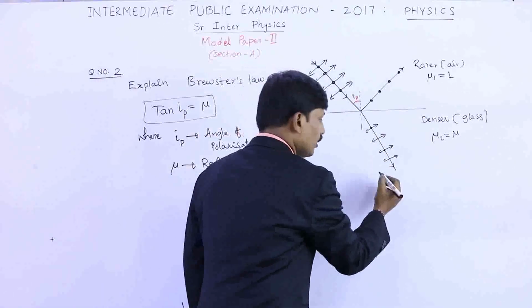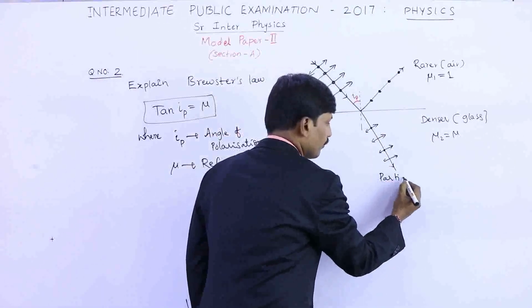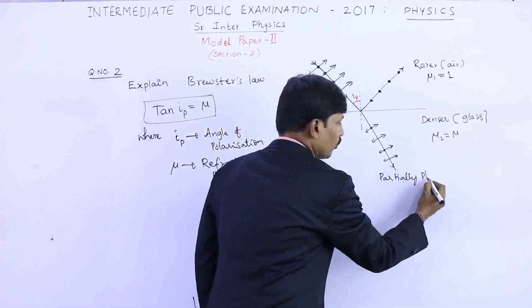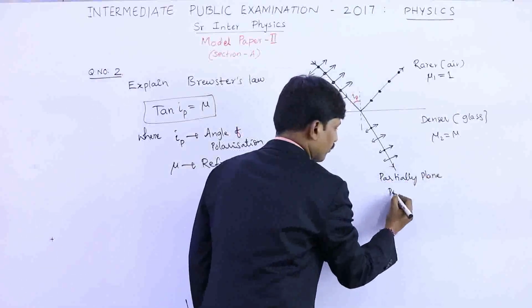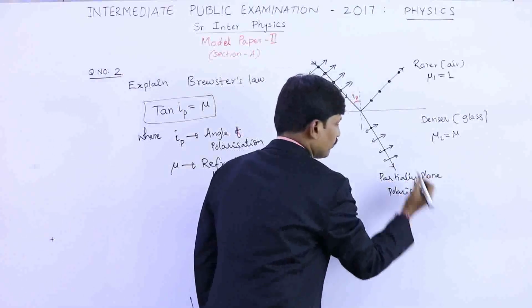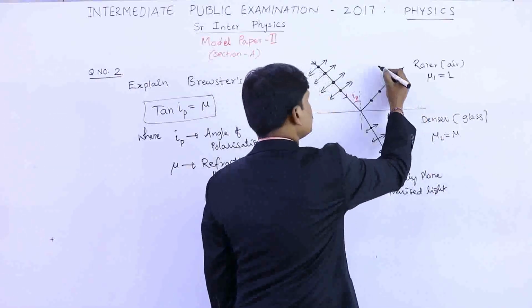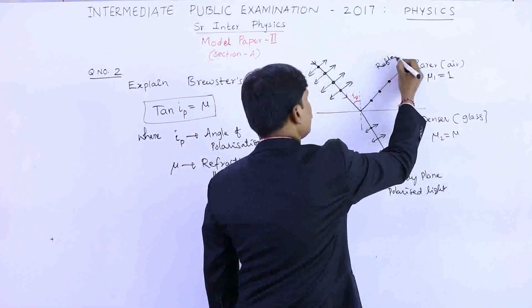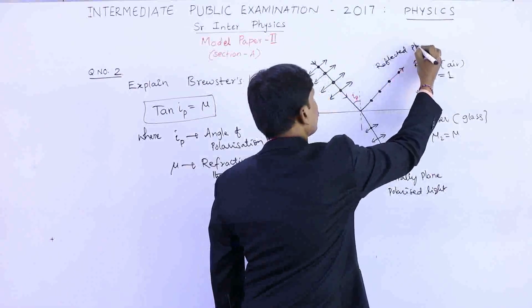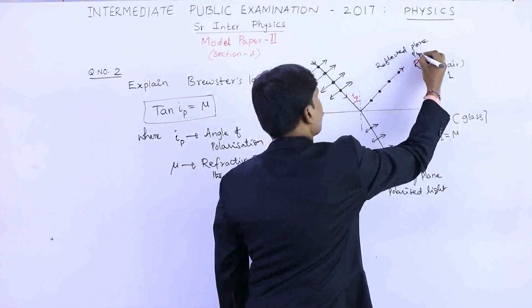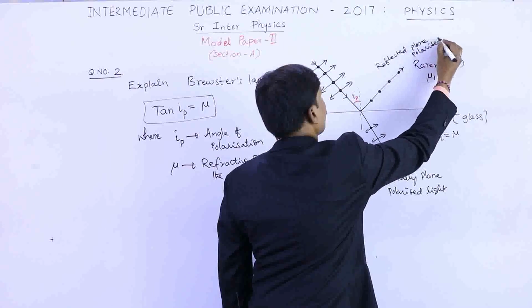This is called partially plane polarized light. This is reflected plane polarized light.